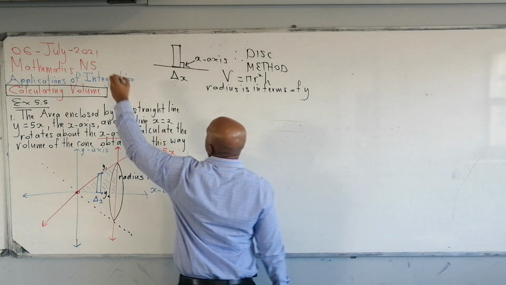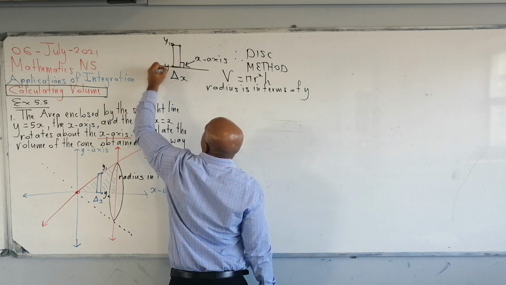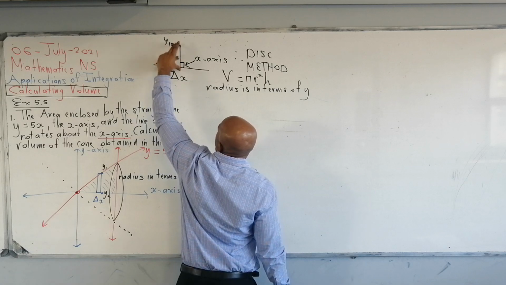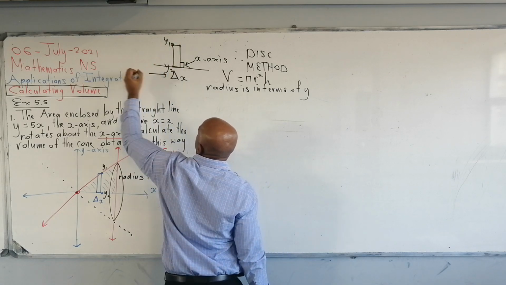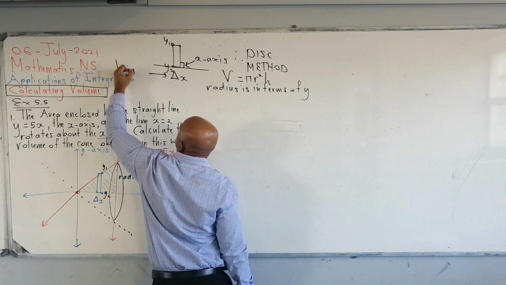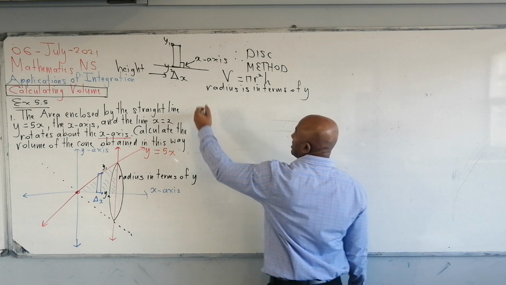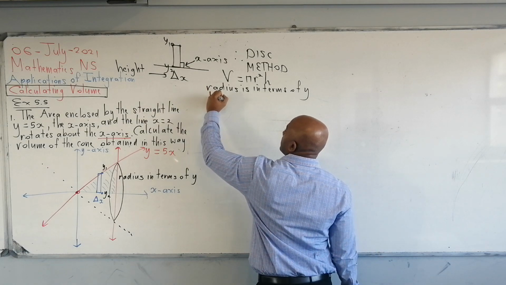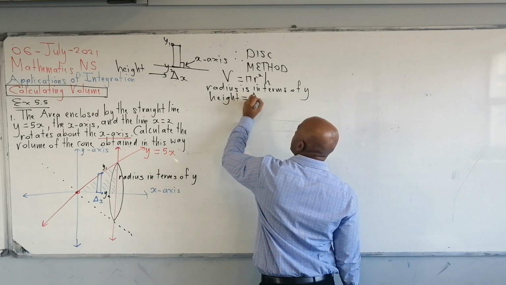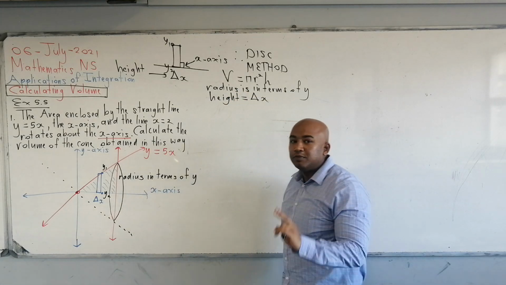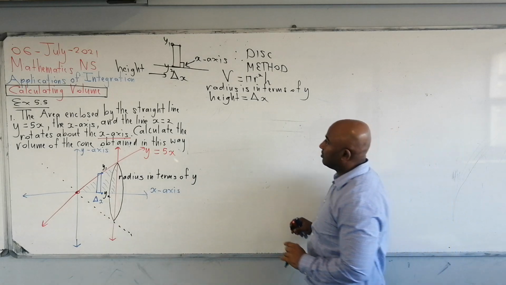What do I mean? From there to there, we have our radius, and this delta x will now be called the height. So your radius is in terms of y, your height is equal to delta x. Those are the two most important things you need to understand before you write down the formula.